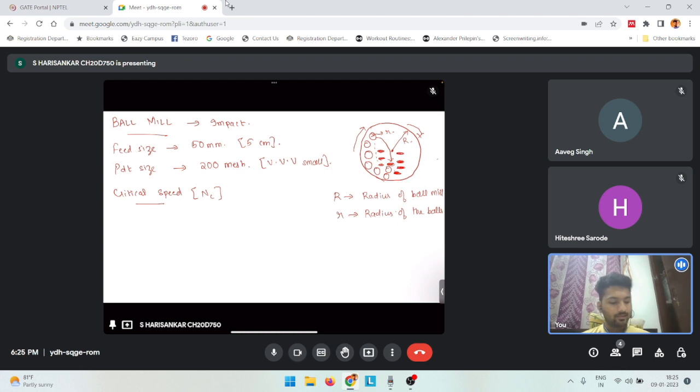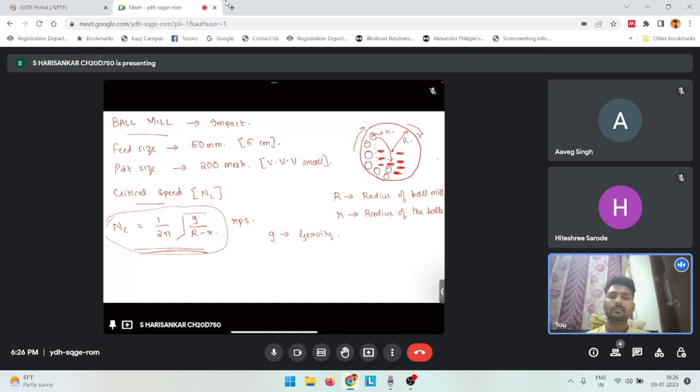So the critical speed of ball mill can be defined as 1 by 2 pi root of g by (R minus r) rps. That means rotation per second. So here g is the gravitational force or gravity. And this NC that you get by calculating using this equation will be in rotations per second.